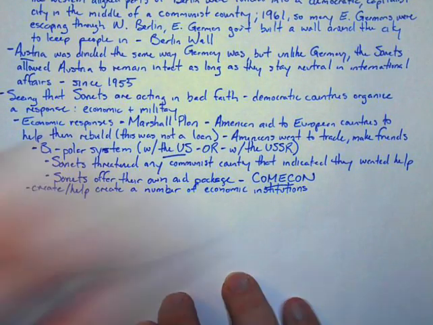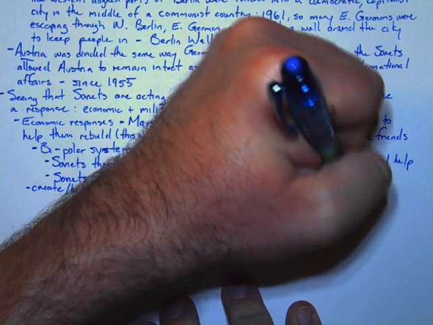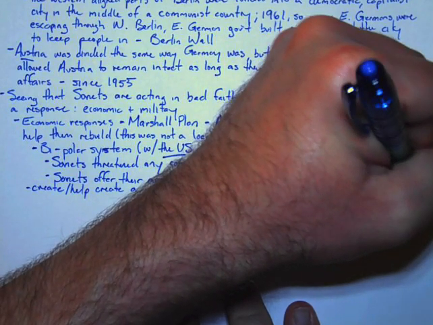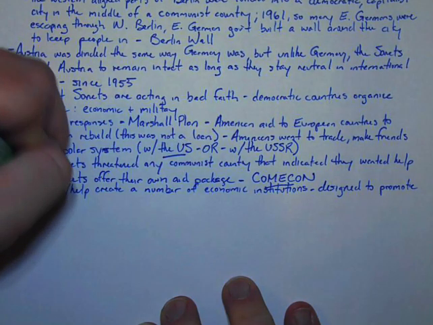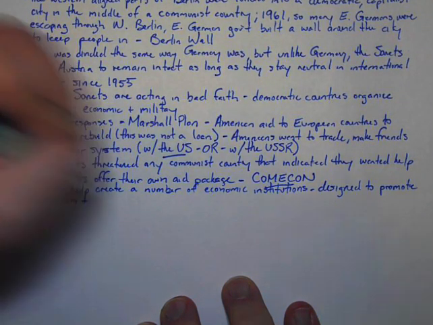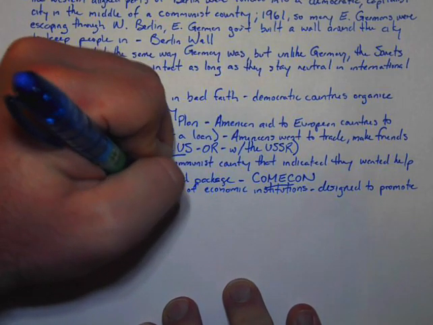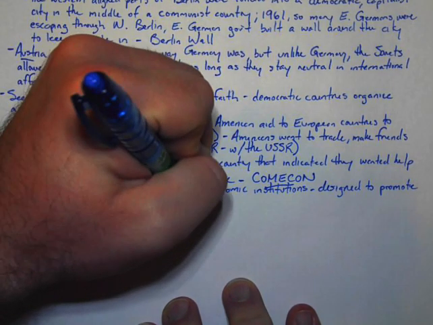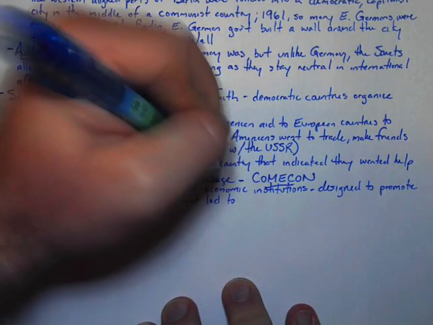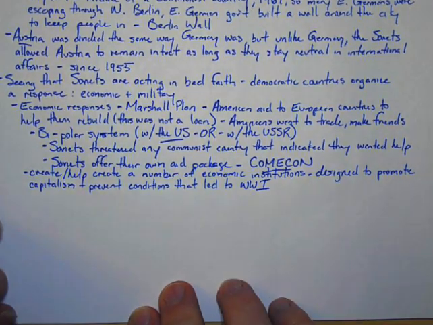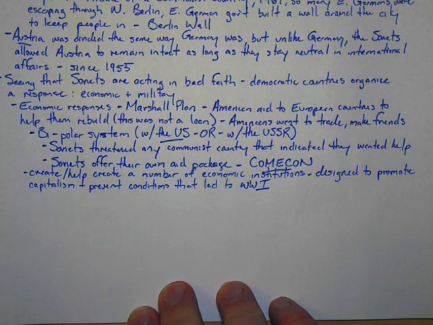And these were things that were designed to promote capitalism and prevent the conditions that led to World War I. So there were a number of economic conditions that made Germany make the decisions that led to World War II.